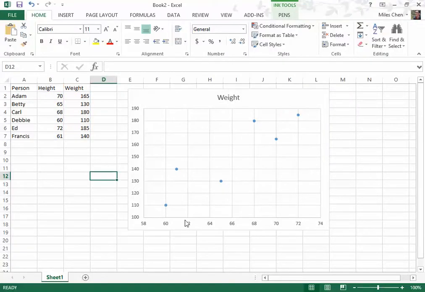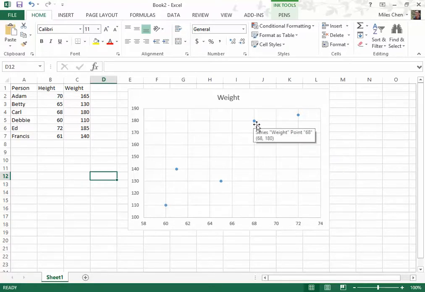Okay. So just looking at this, does it seem like there's a relationship between height and weight? And we would say yes. It seems like, looking at the 6 people, the taller someone is, the more they weigh. But you compare two people: Adam is 70 inches, which makes him taller than Carl, but he weighs less than Carl, right?